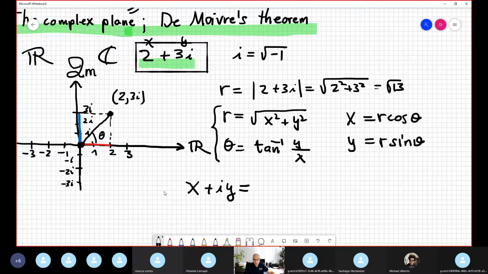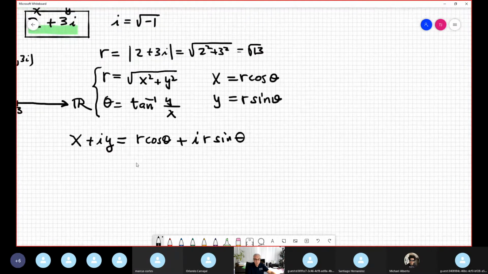So now you see one is r cosine theta, the real part, and i is the unit imaginary that is new in this part, because we are talking not about pure polar, it's a complex plane, r sine theta. And you see now r is a common factor, and you factor out r.